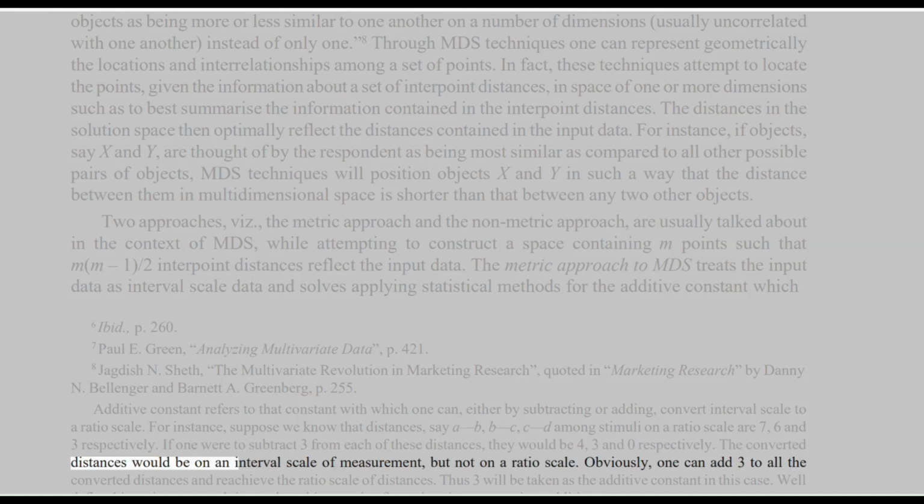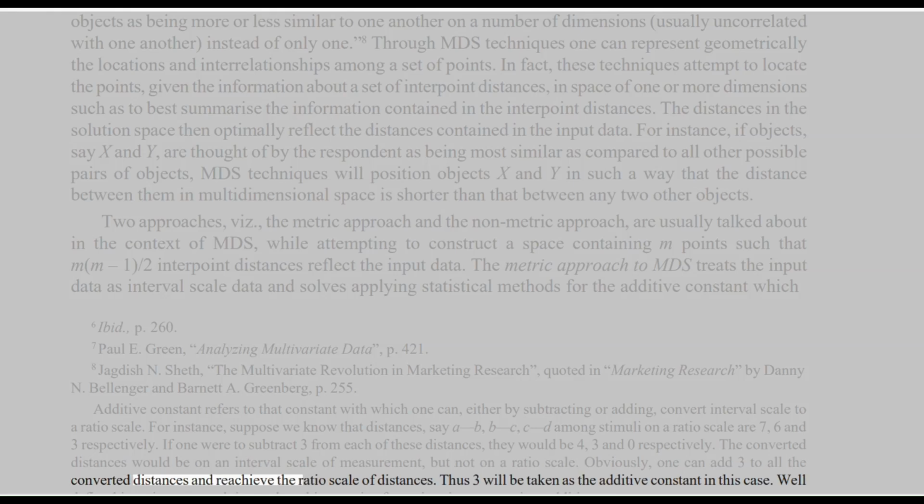The converted distances would be on an interval scale of measurement, but not on a ratio scale. Obviously, one can add 3 to all the converted distances and retrieve the ratio scale of distances. Thus, 3 will be taken as the additive constant in this case. A well-defined iterative approach is employed in practice for estimating the appropriate additive constant.